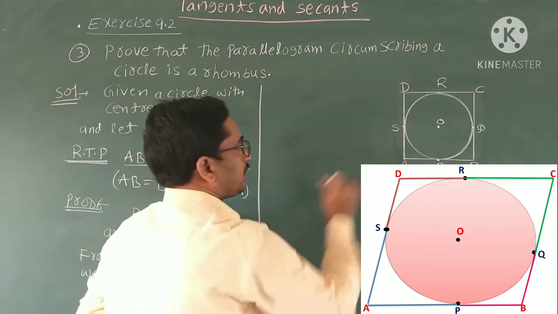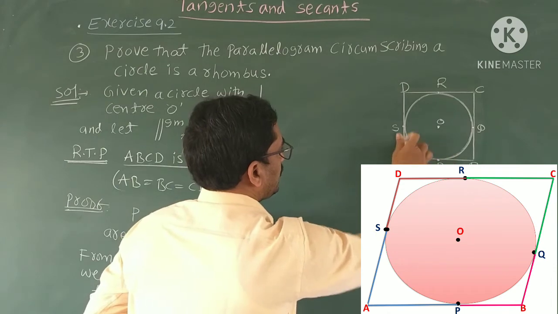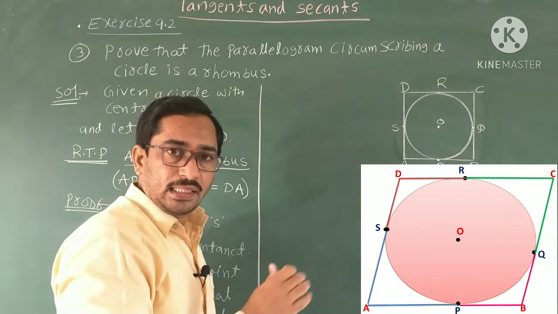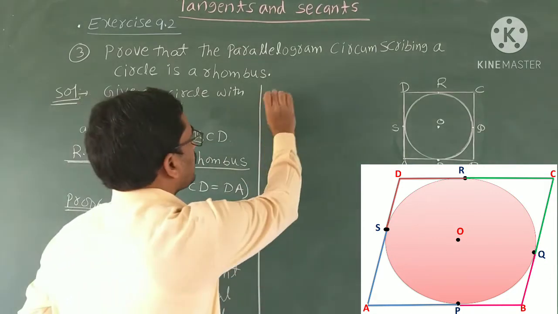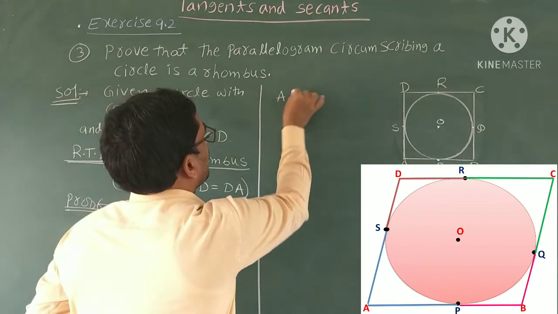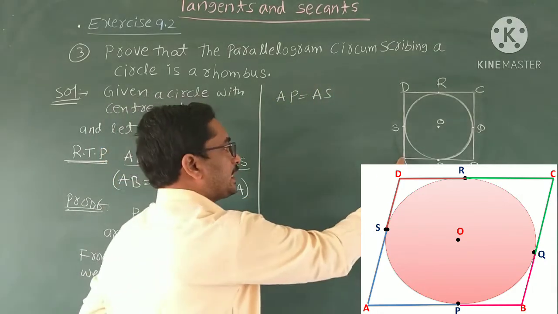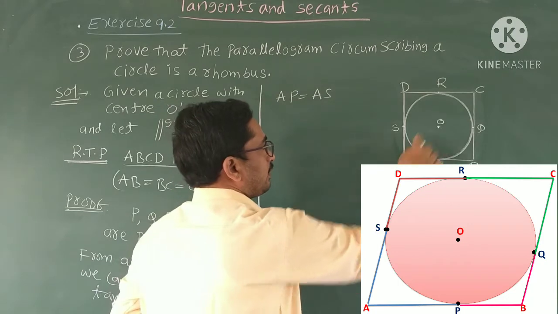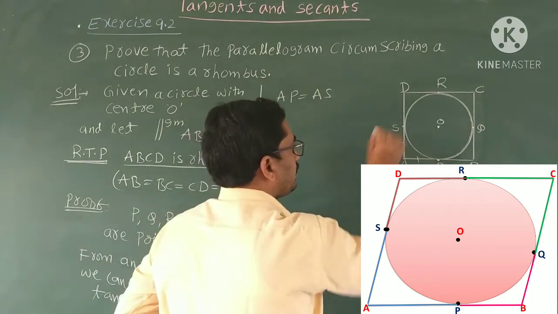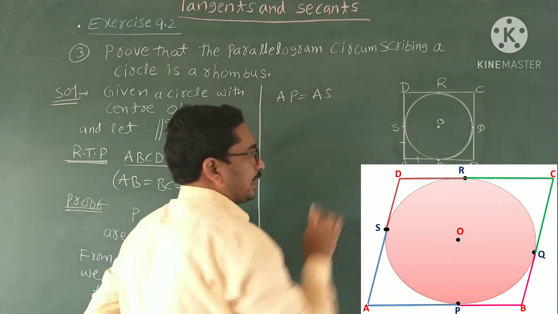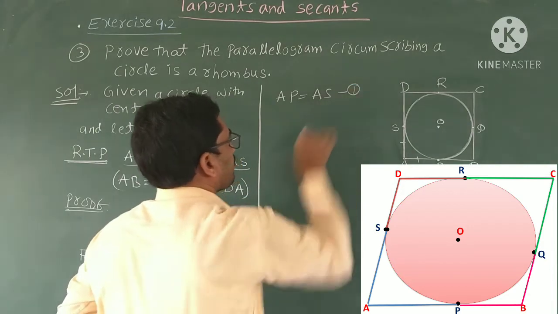Here A is an external point, and the two tangents are AP and AS, and the lengths of the tangents are equal. So AP equal to AS, say equation number 1.